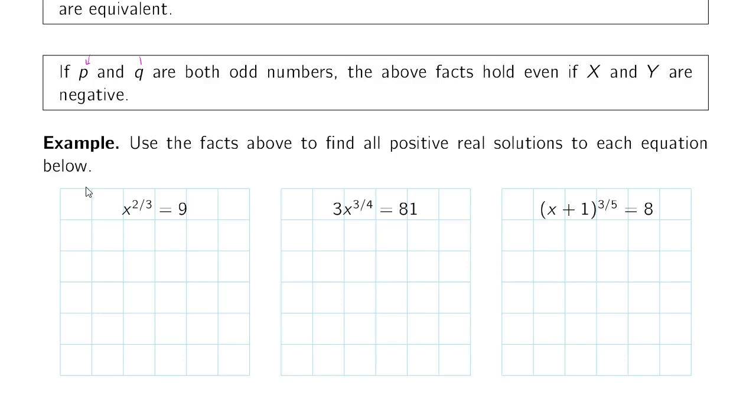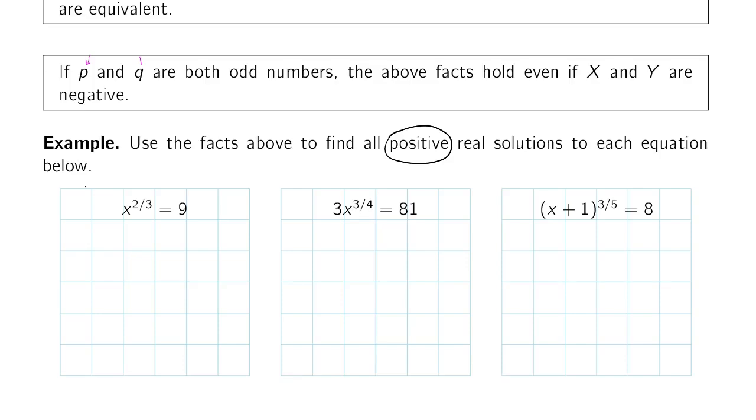So here we have some example equations for which we'd like to find just the positive solutions for now. We're only interested in positive solutions because we'd like to get the basic move down before we start thinking about our worries about even roots and even powers and negative signs.